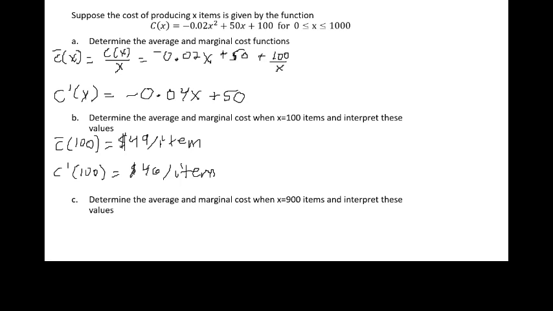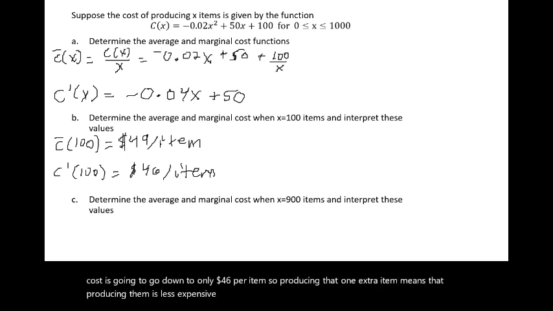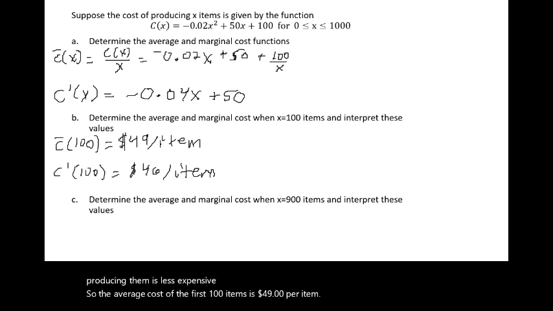So producing that one extra item means that producing them is less expensive. The average cost for the first 100 items is $49 per item, but after the 101st item, the average cost will go down to $46 per item.